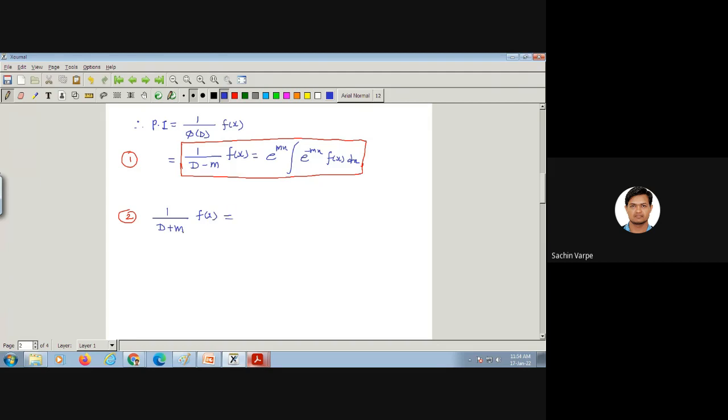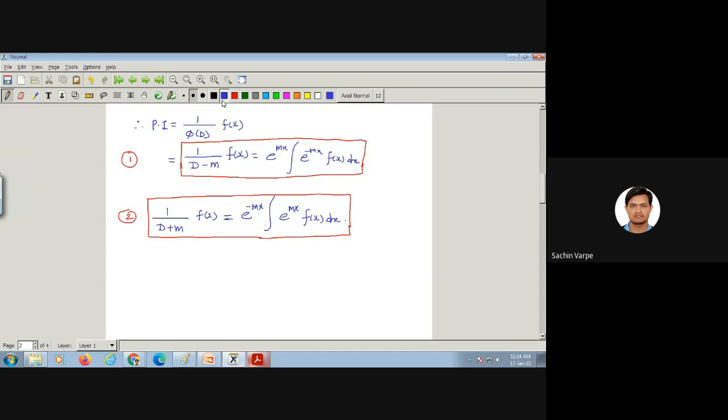So if I substitute this minus m root into the right hand side of the first one, what will I get? E raised to minus mx integration of e to the power plus mx f of x dx. So this is the second formula of the general method to find the particular integral in case of minus m as a root.